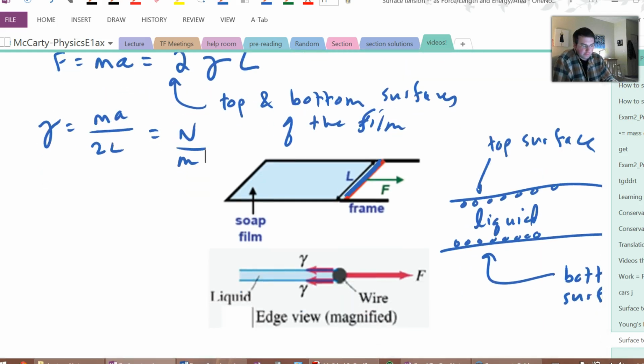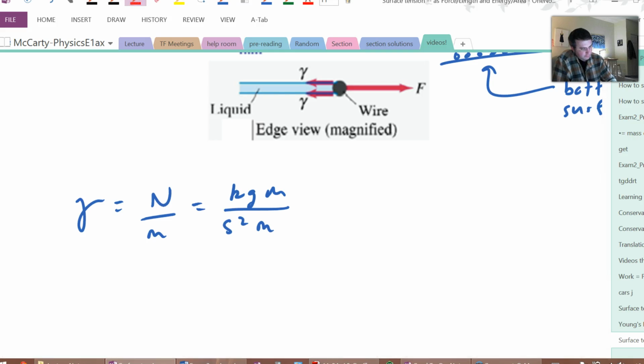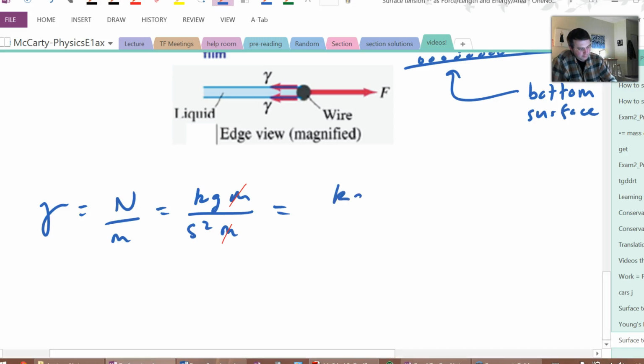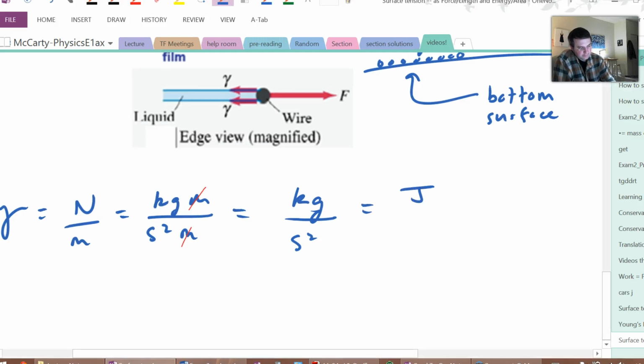Now, if we were to look even closer at this, if we said gamma is equal to an amount of newtons over meters, if we represent the newton as just the kilogram meter per second squared, and we carry over our meters, we find that our meters drop out, and we're left with units of kilograms per second squared. And so ask yourself, where else can I find kilograms per second squared? The answer is that this is actually the same set of units as if we had a measure of joules, or energy, per area.